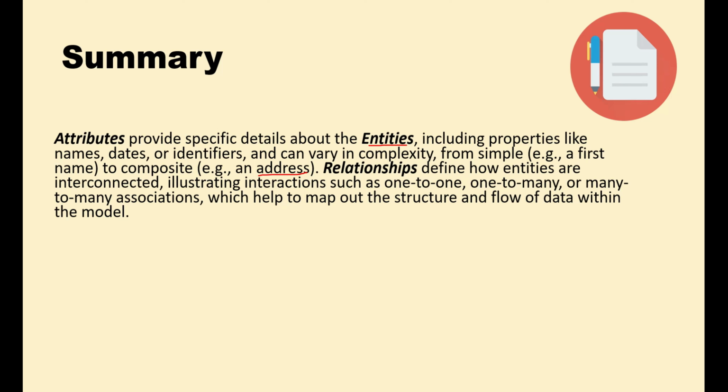Relationships are important too, as they define how entities are interconnected. They give you the picture of whether it is a one to one, one to many, or many to many association, which will definitely help you map out the structure and flow of data within the data model. Hope this was useful, and thanks for watching.